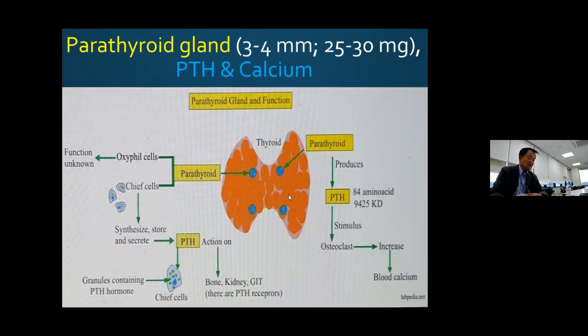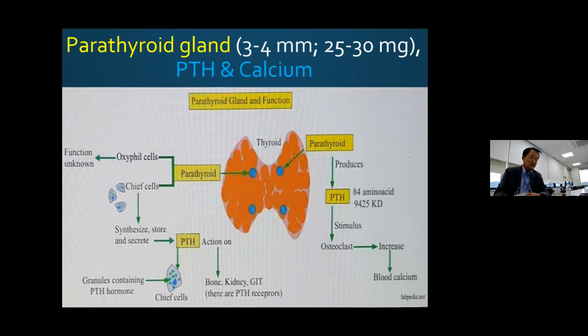As you see on this slide, parathyroids are very small, but they are usually behind the superior and inferior poles of the thyroid. Parathyroid glands produce parathyroid hormone, and that stimulates bone osteoclasts. The osteoclasts cause an osteolytic process, which is destruction, so that there will be increased calcium in the blood.